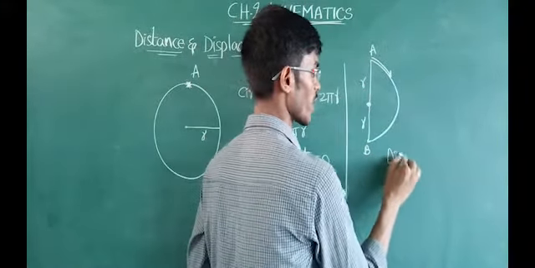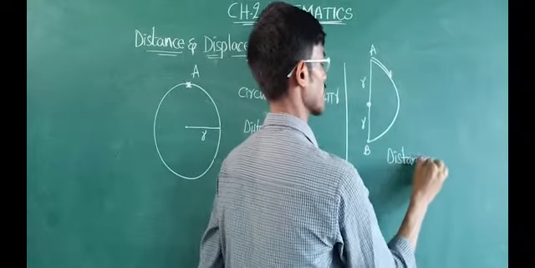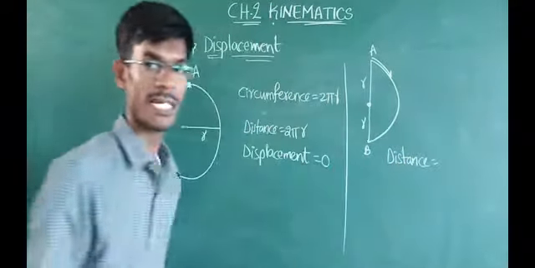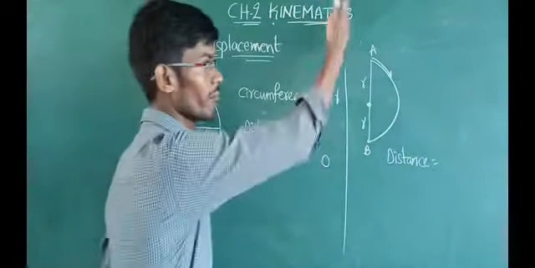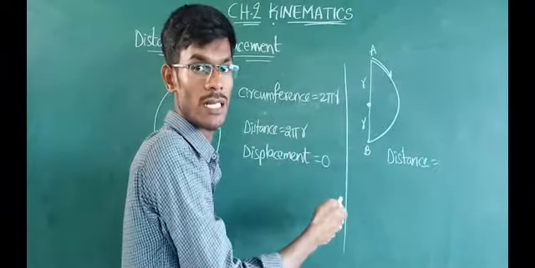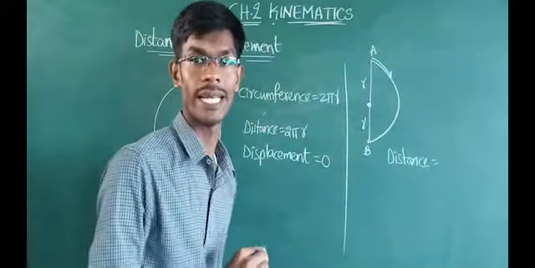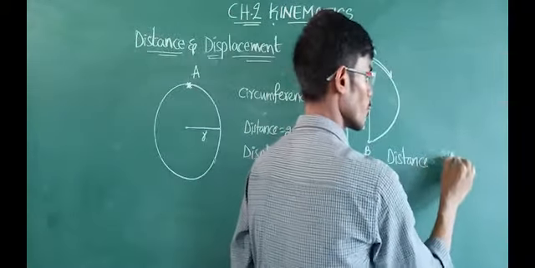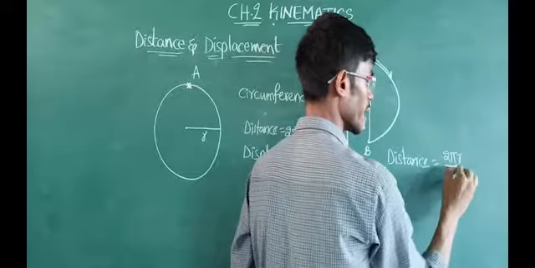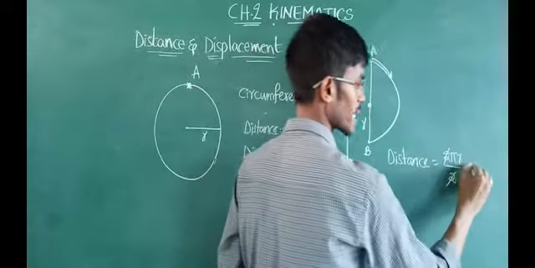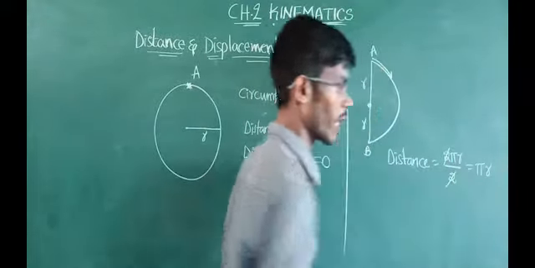Then what does distance mean? Distance is equal to half of the circumference only, no? We are making the circle into two equal parts, and in that half circular part the object is covering. Then distance becomes 2 pi r divided by 2. The 2 and 2 get cancelled, that is equal to pi into r.